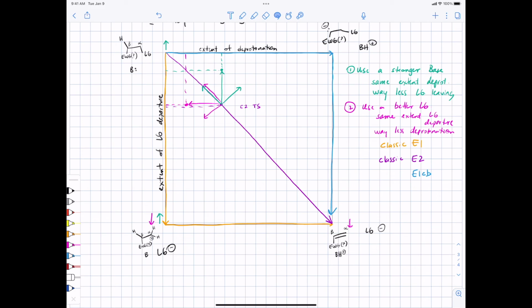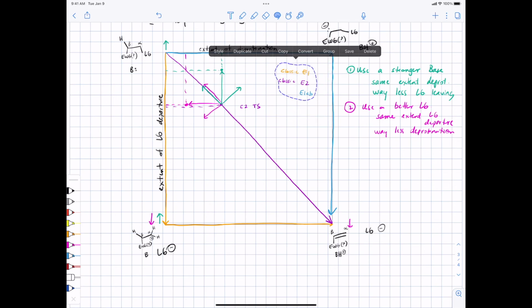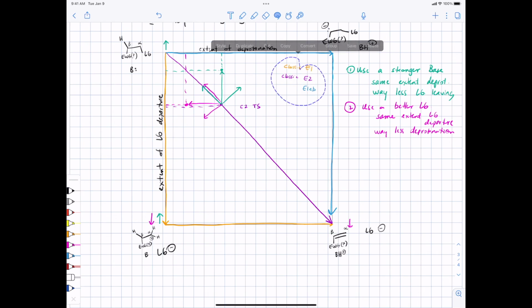Because you think, oh, if I make the leaving group better, the leaving group ought to be able to leave earlier. But it's more like you get more bang for your buck, right? The leaving group can leave to the same extent, but less deprotonation is required. And again, we're moving this transition state much more towards an E1 reaction when we use a better leaving group.